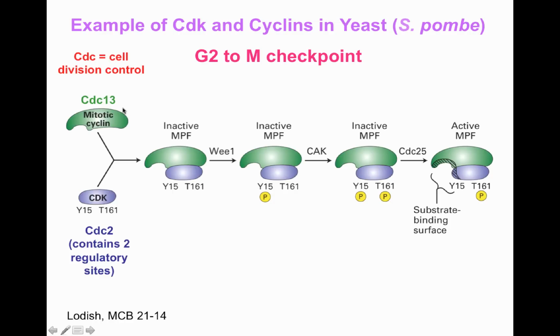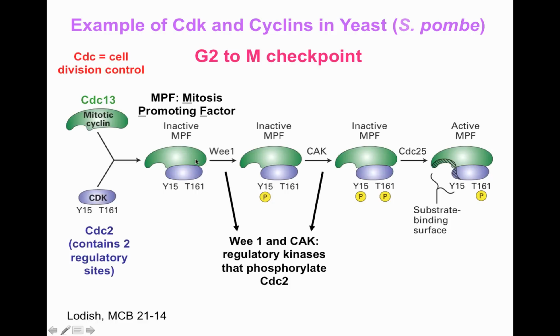The first step in the activation of the mitotic kinase is going to be the binding of the cyclin to the cyclin-dependent kinase, and that is going to form what is called the mitosis promoting factor, or MPF. So just binding of the cyclin to the CDK molecule creates a complex, but that complex is inactive. Here is when we now have the phosphorylation of the molecule.